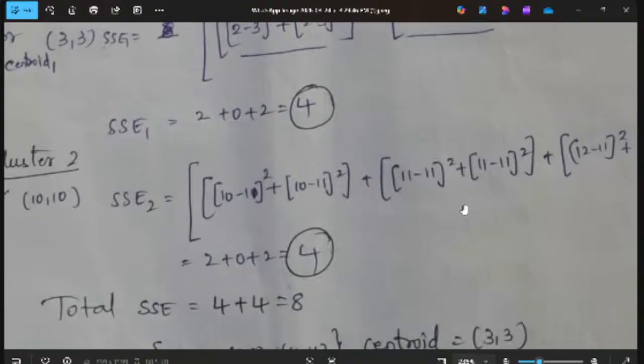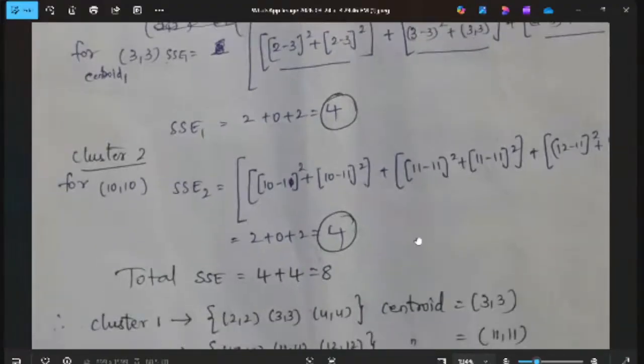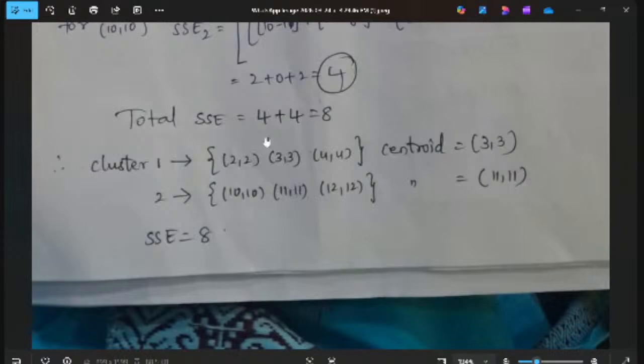Next, SSE2. Now the total SSE is 8. Write down all the finalized answers.